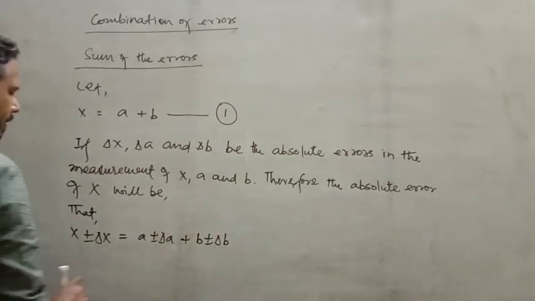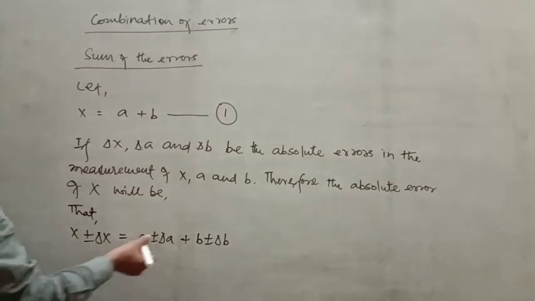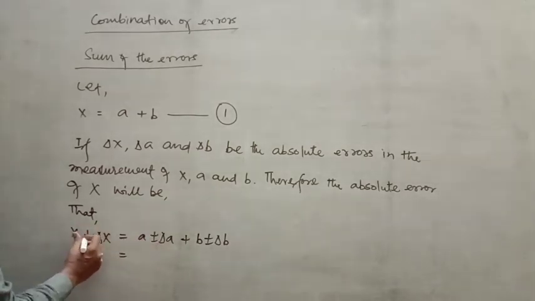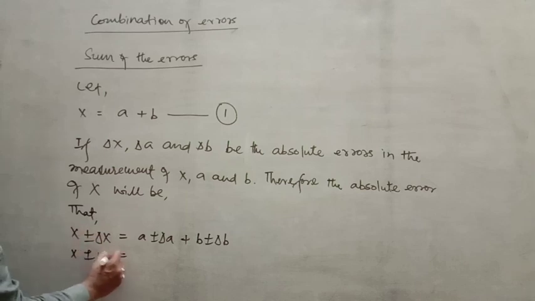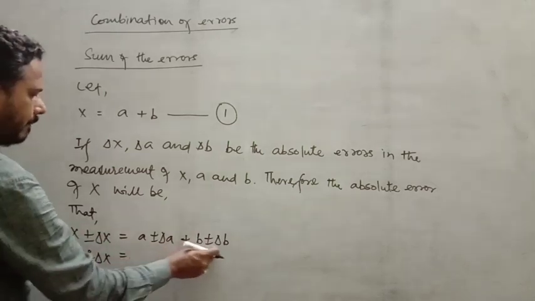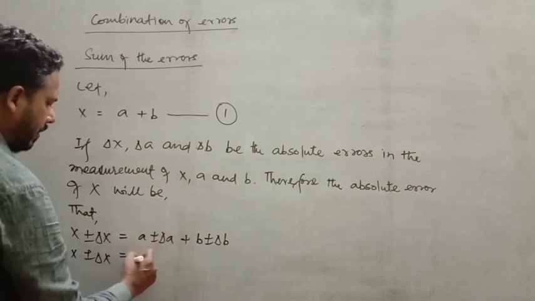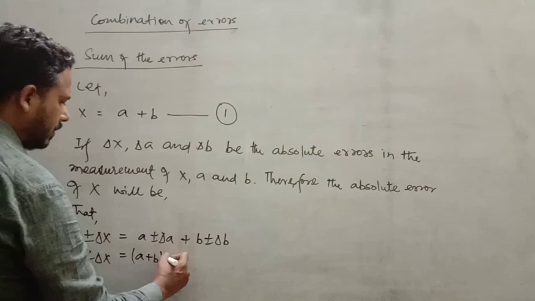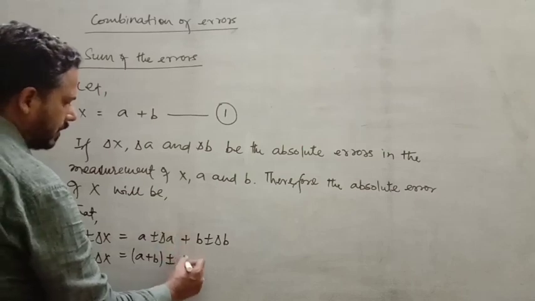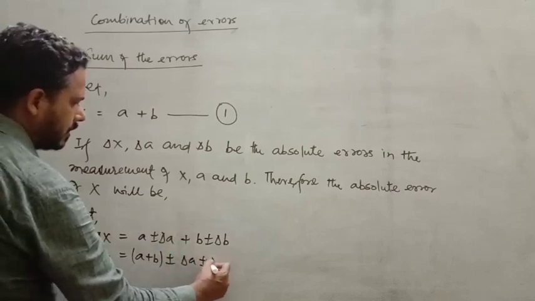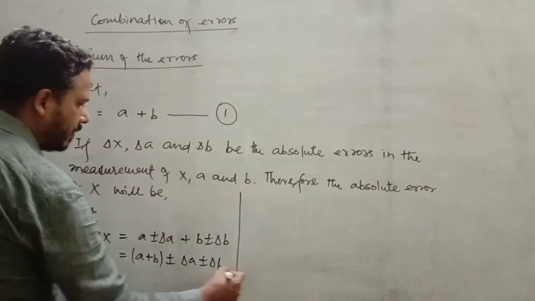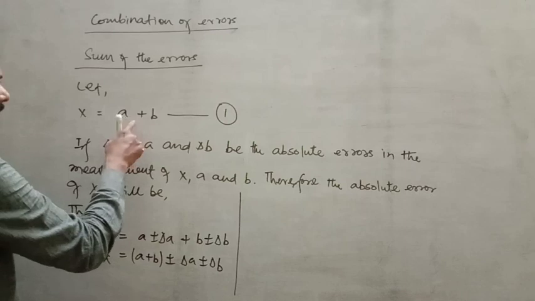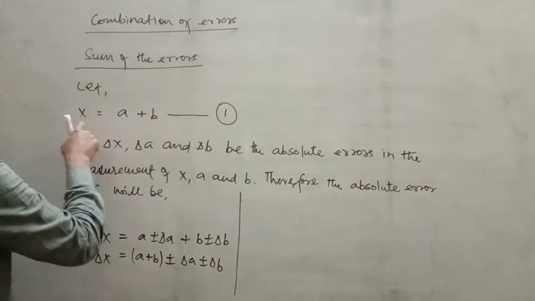Okay, then simply what you have to do, you just calculate this one, that x plus minus delta x, and now from here you're seeing that A and B be your measurement, just take together, and then plus minus this one is delta A, plus minus this one is delta B. Now in next step you're seeing that from equation 1 that A plus B is x.